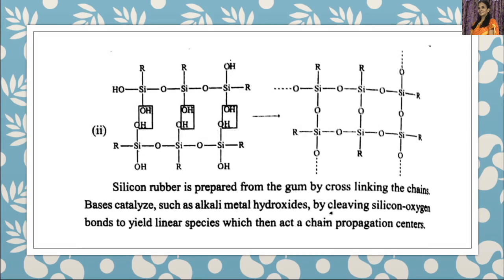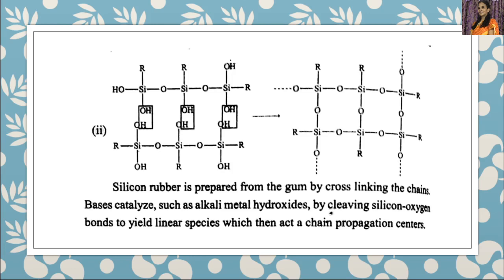One linear polymer and another linear polymer combine with loss of water molecules and we get a cross-linked polymer, a network solid like this.